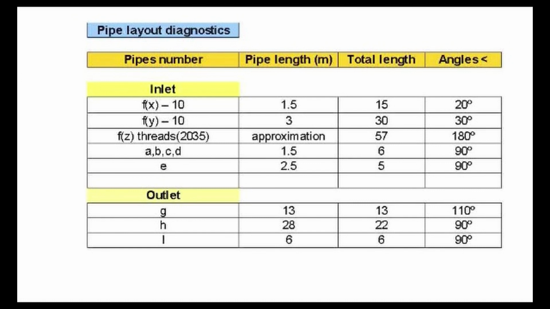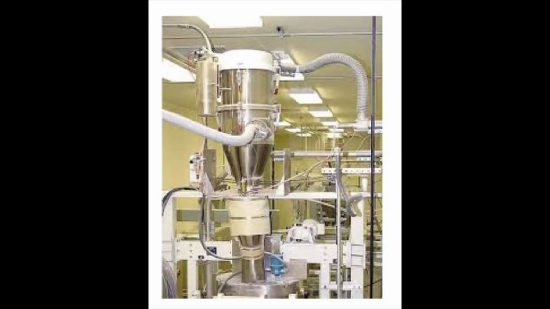Here are the geometric dimensions of the pipe, the different angles. And this is the actual pharmaceutical cooling system that needed to be replaced.